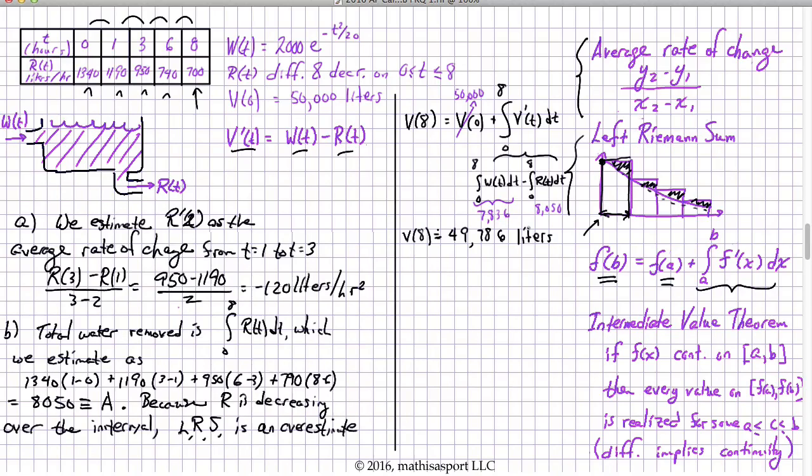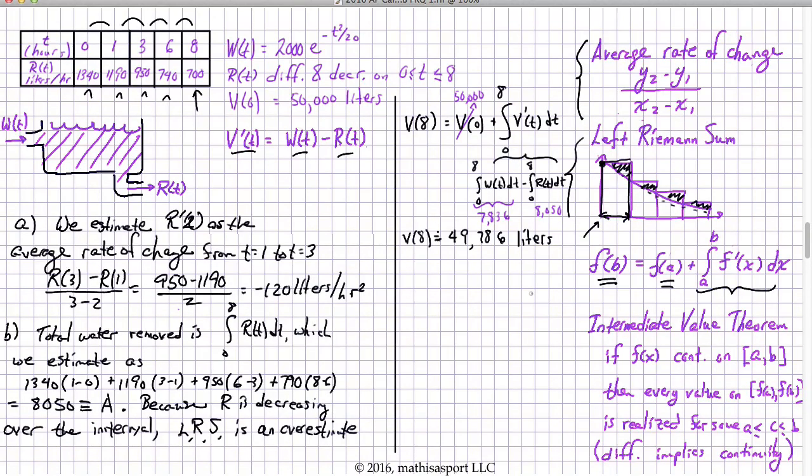Okay, part D. In part D, for many students, the difficulty is knowing what it is we're supposed to work with. The key lies in the language of the question, namely, is there a time when w of t equals r of t? Notice that they don't ask you to find the time.